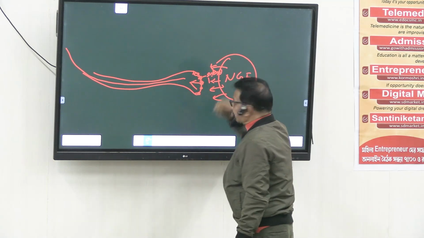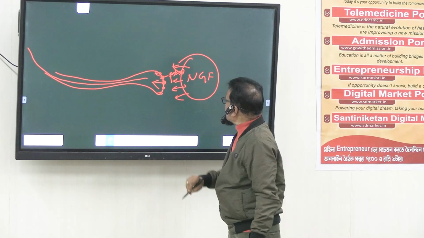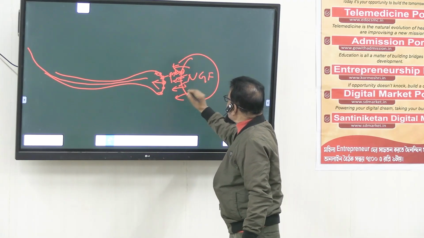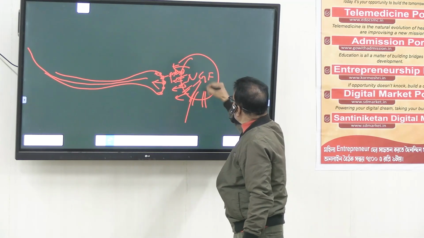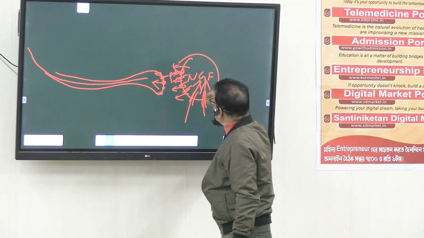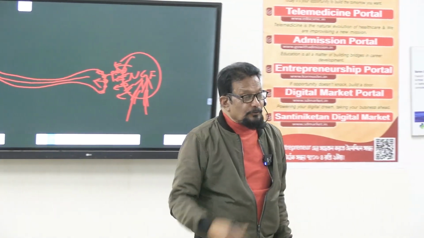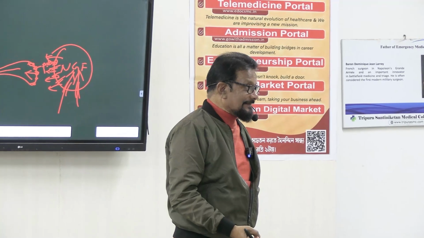When this receptor binds with the acetylcholine, immediately what happens? A lot of sodium channels will open. So now sodium ion will enter and make this cell depolarized. So these sort of channels are called ligand gated channels.